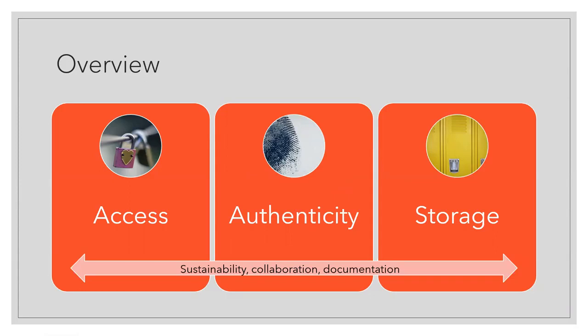Or how can we collaborate with people to even determine the level of authenticity that we're going to shoot for? How can we document our decisions about what authenticity looks like in our digital records? You can really attach all these three things to, again, this sort of undercurrent of sustainability, collaboration, and documentation. And that's really what this Sandy article touches on.